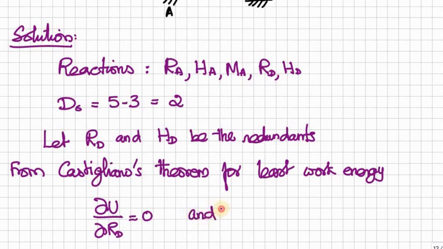So dou u by dou RD is equal to 0 and dou u by dou HD is equal to 0. So totally 5 reactions we have, but only 3 equilibrium equations. So the 2 other equations required to solve the problem are dou u by dou RD equal to 0 and dou u by dou HD equal to 0.